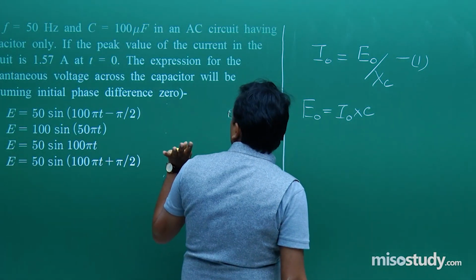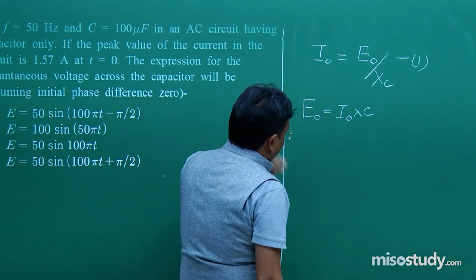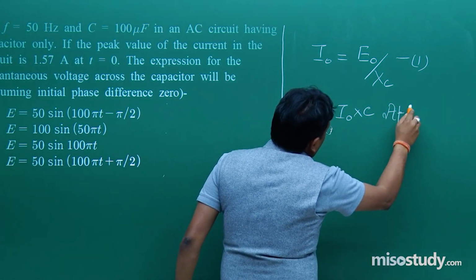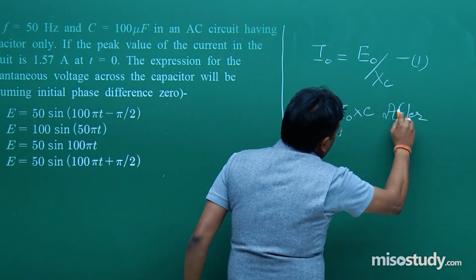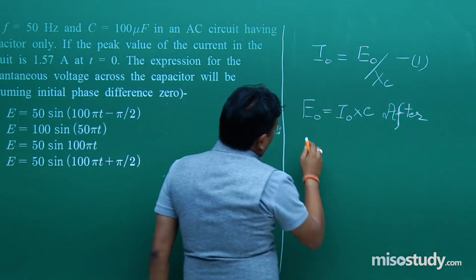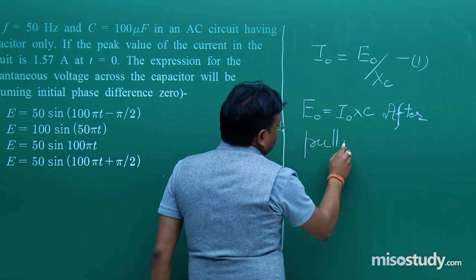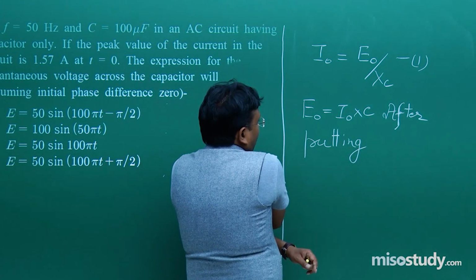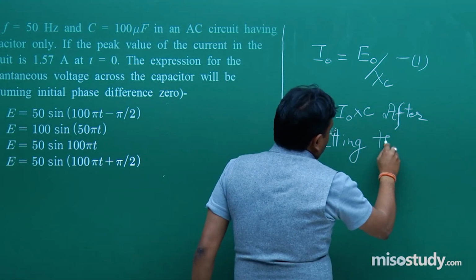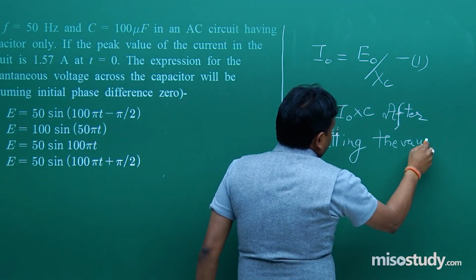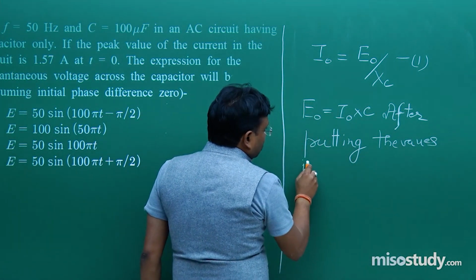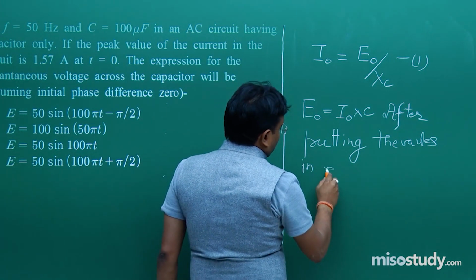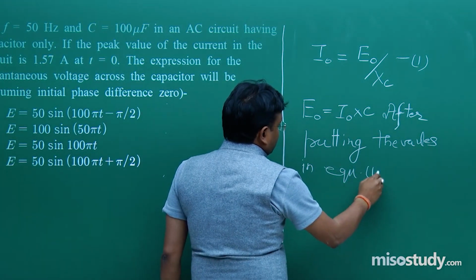Now, put the values over here. All values are given. So, once you put the values, after putting the values, E is equal to I naught C after putting the values in equation 1.